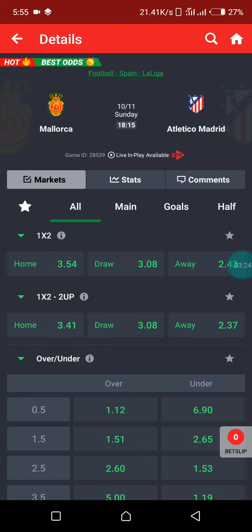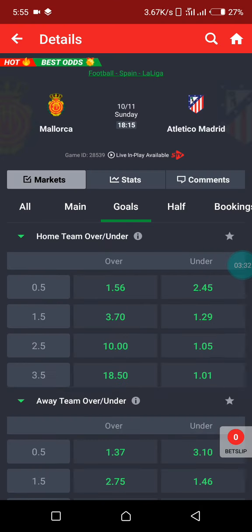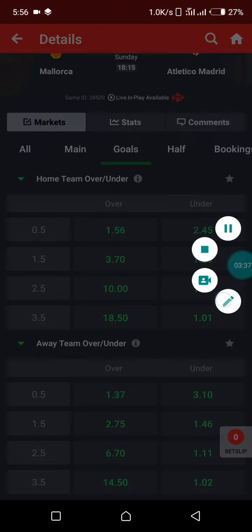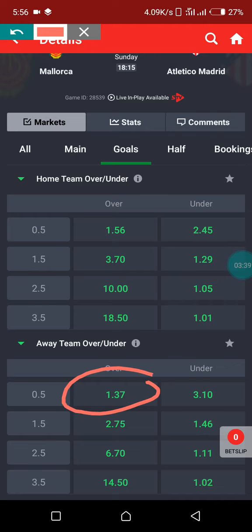Here we are going to tap on goals. After that we find the overs and unders for each team. For example, here we have this one over 0.5, and we have this one over 0.5. Make sure that all sides have over 0.5.